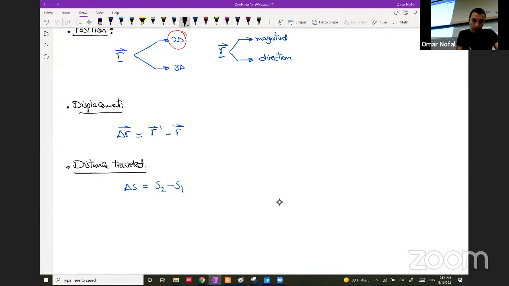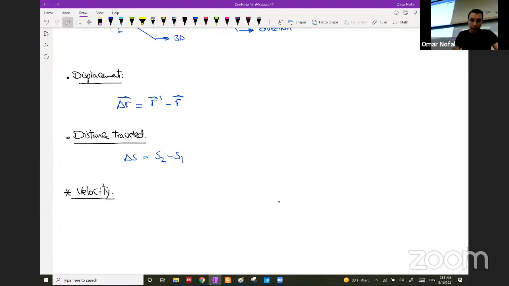So let's get to the second thing, which is the velocity. For the velocity, we have different types of velocities, like different definitions. Let's see the first one, which is the average velocity.